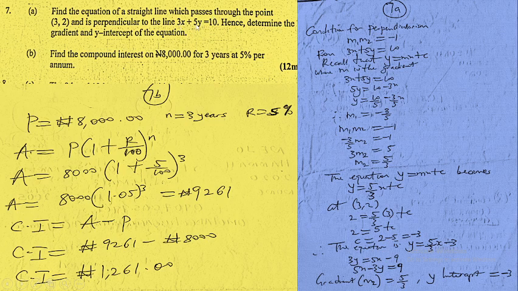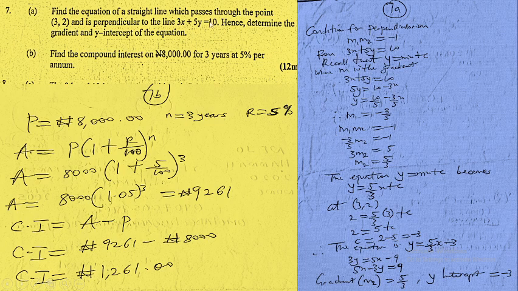When we know the gradient of this one, we use it to get the gradient of the equation we are looking for. Then when we know that gradient, we can find the y-intercept, which is our c. Then at the end of the day, you can generate the equation we are looking for. That's the overall thing we have done here.